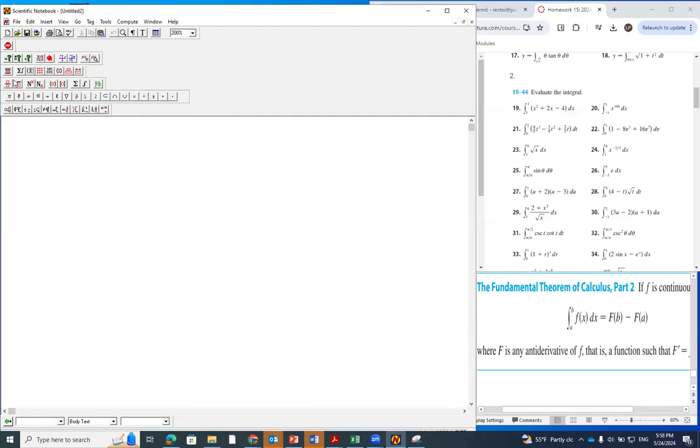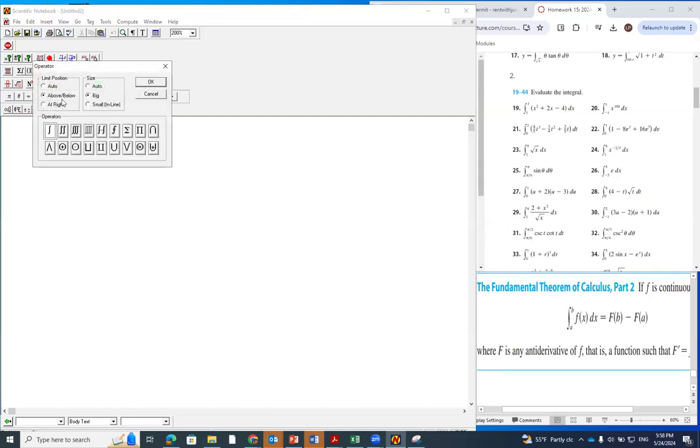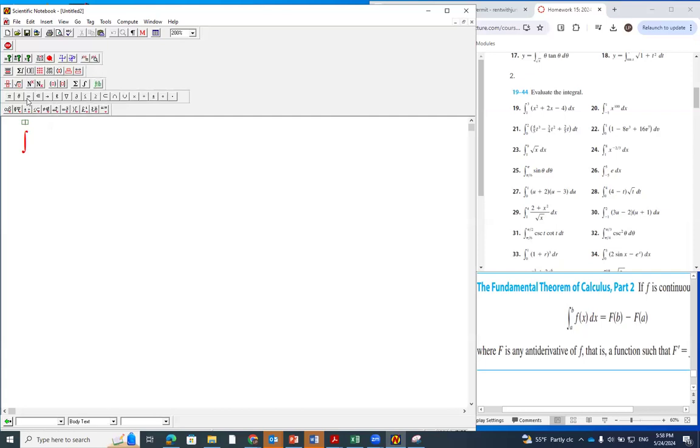We have an integral, which is to find the area underneath the curve. That's from 1 to 3. From 1 to 3. And we use this example to explain what it means, and we go from there.